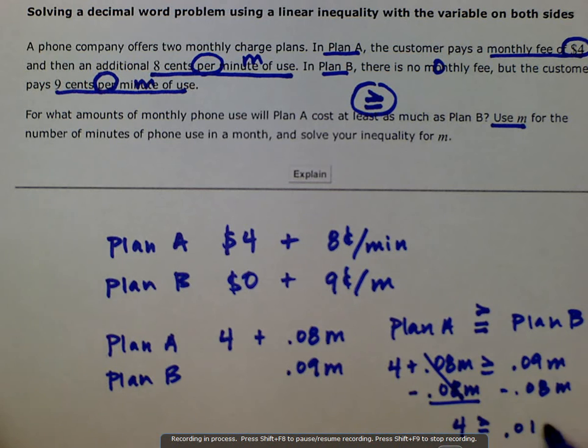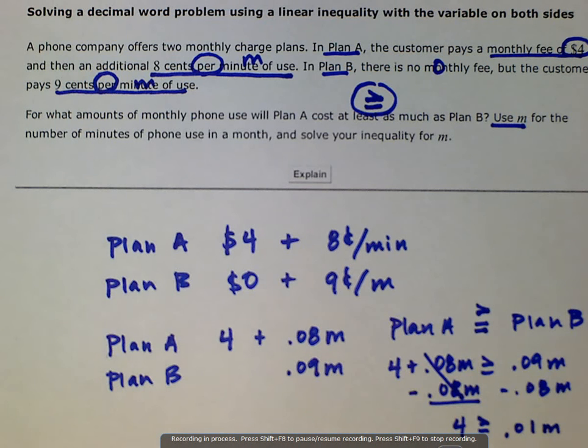It's fairly simple: once we divide 4 by 0.01, when we use opposite operations, we can just plug that into the calculator. Or if you don't have a calculator and you just want to deal with integers, of course we could multiply both sides by 100. We'll multiply both sides by 100.